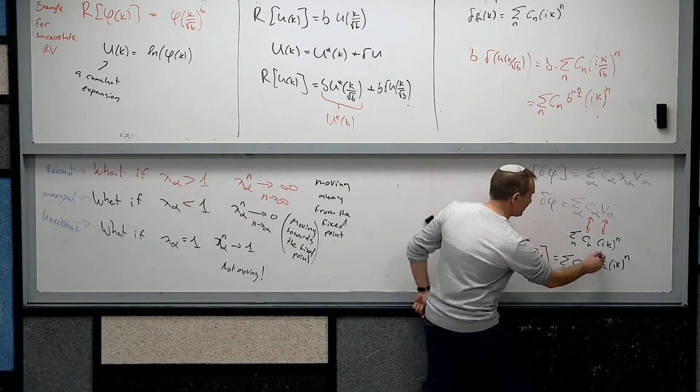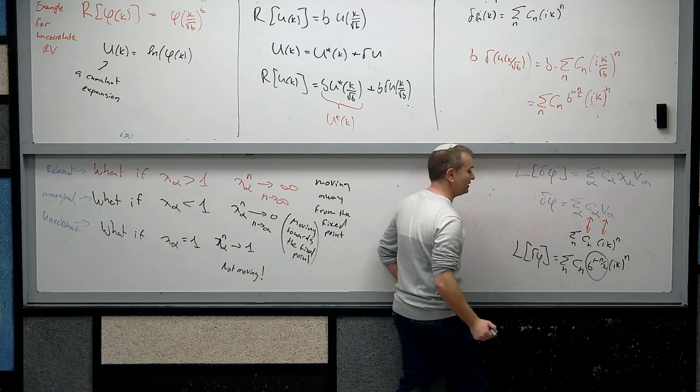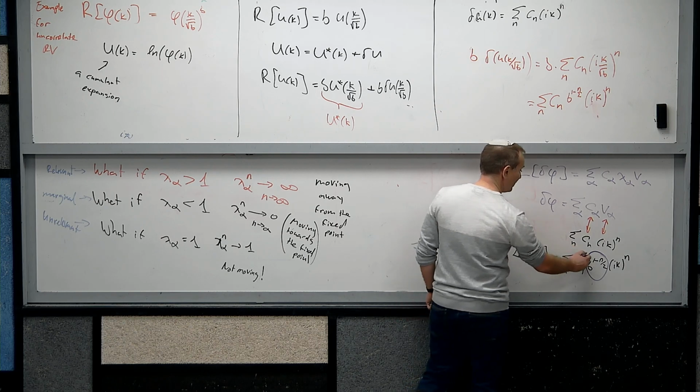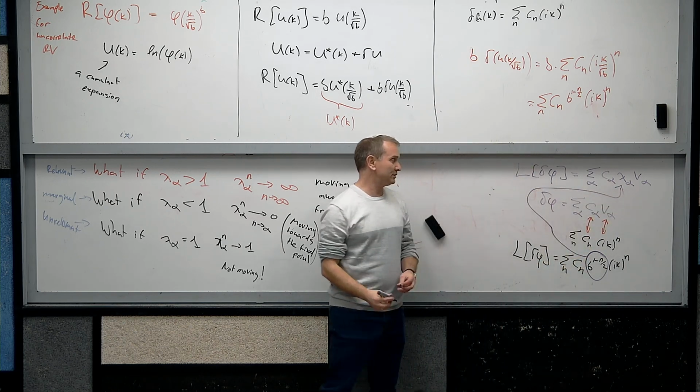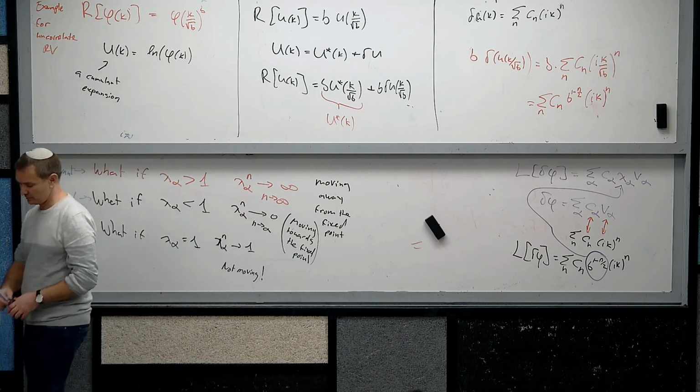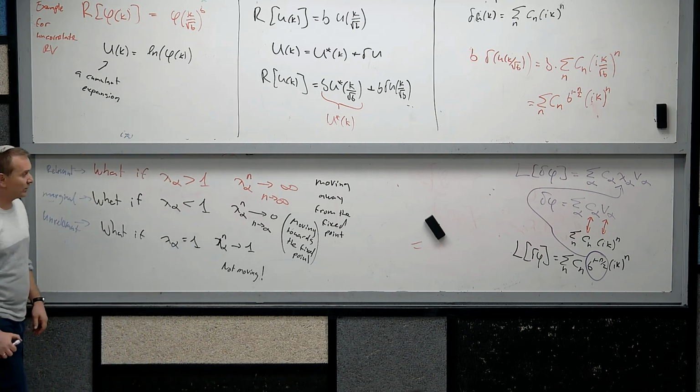So I know that this b to the power 1 minus n over 2 is just the eigenvalues. All right?